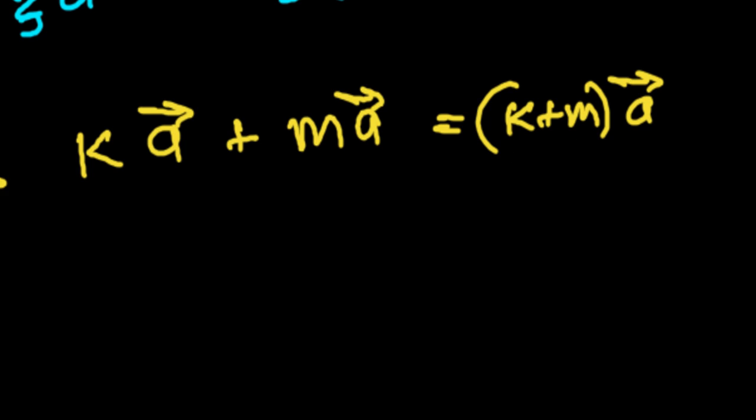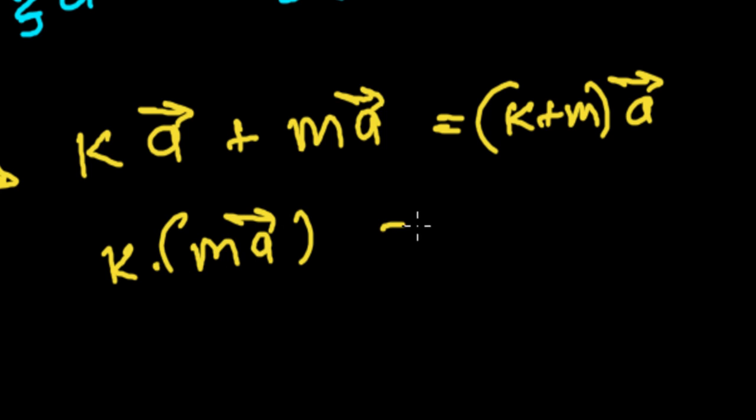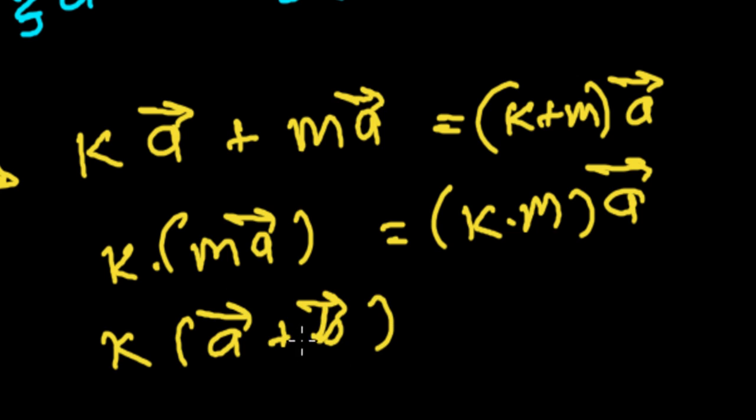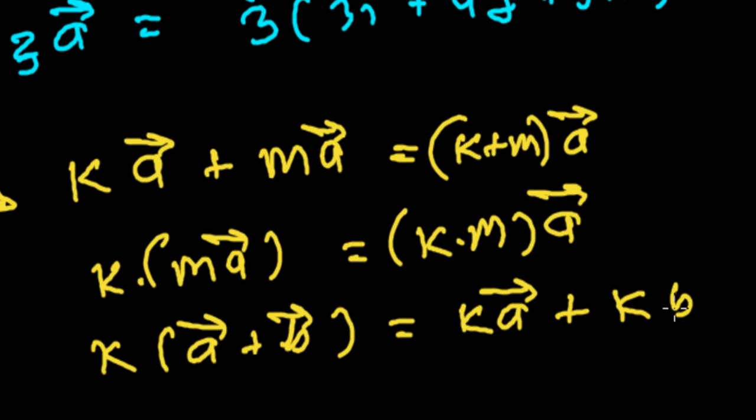Similarly, if you have k times ma, then you can simply write k times m first in a bracket and then a. Similarly, in addition, if k is going to multiply a plus vector b, and a and b both are in the component form, then again you can distribute easily, ka plus kb.